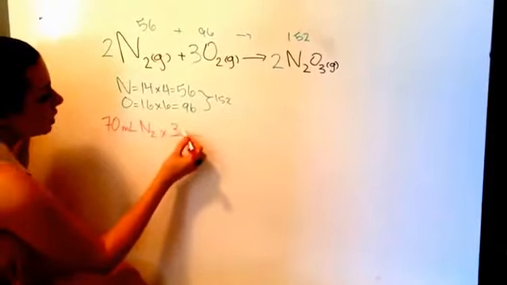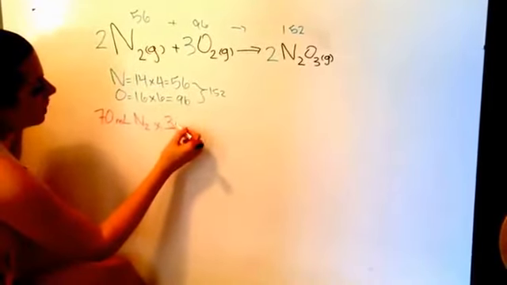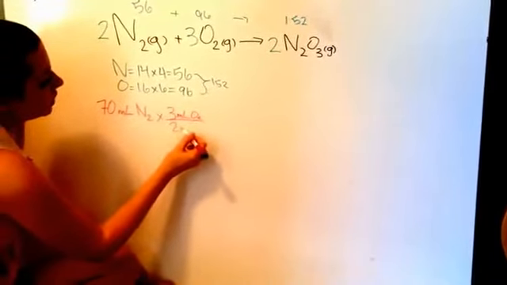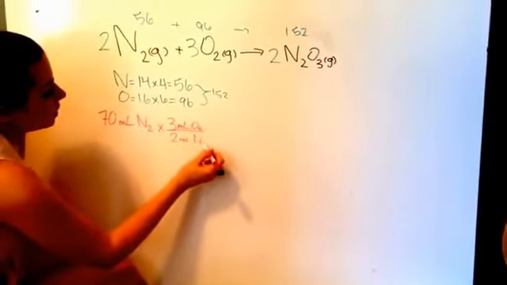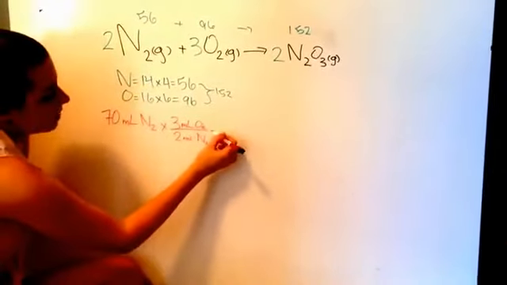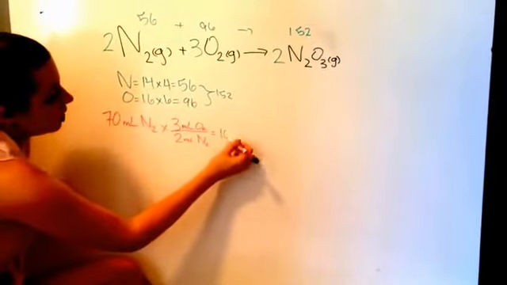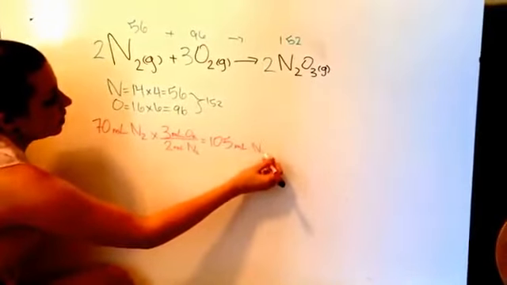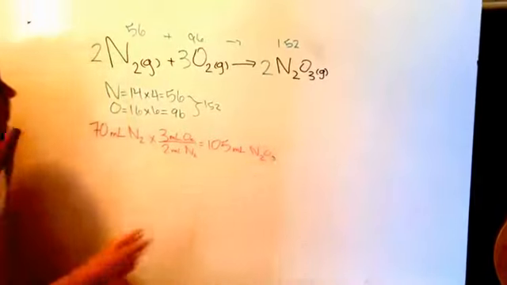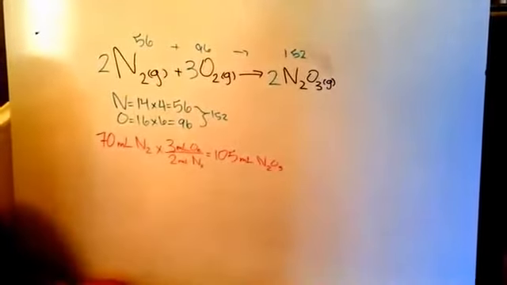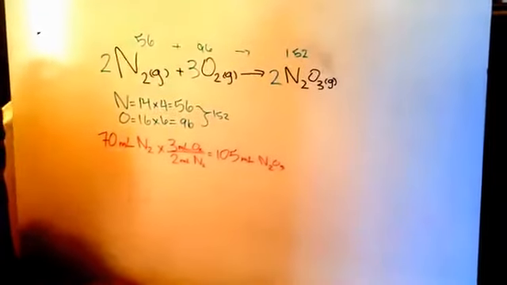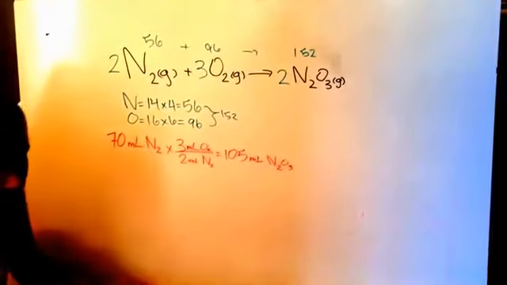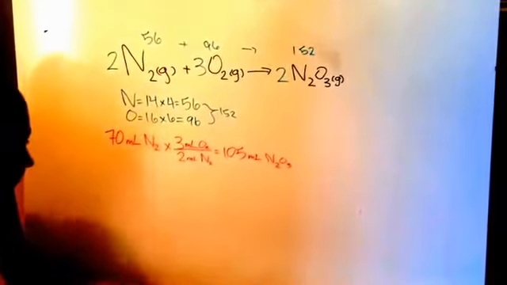So it's 3 milliliters O2 over 2 milliliters of N2. And then that is equal to 105 milliliters of N2O3. So, but limiting reactant is you need to find the smallest number of the volume, because this is a volume problem. So, next problem.